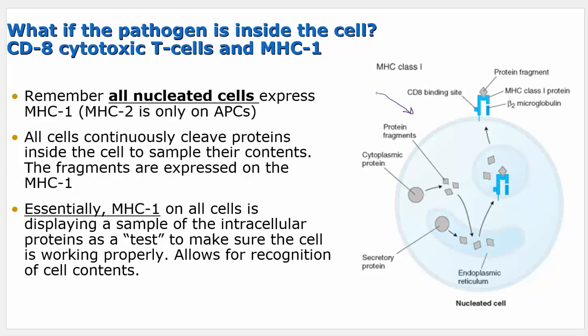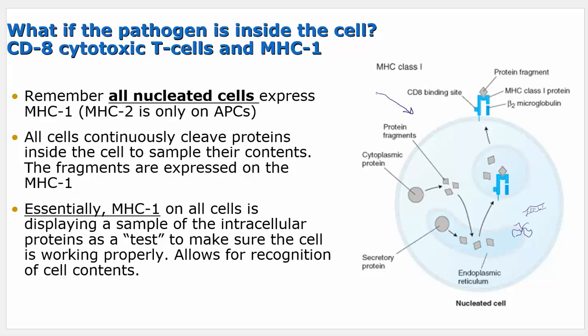What's going on is that you have continuous sampling of proteins that this organism is making. Okay, that's supposed to be DNA, it's making proteins. And so there are lots of proteins inside the cell, and what happens is that this routinely samples these proteins, cleaves them, and then expresses part of them out on the outside wall.